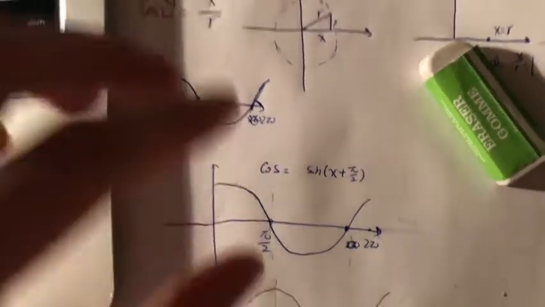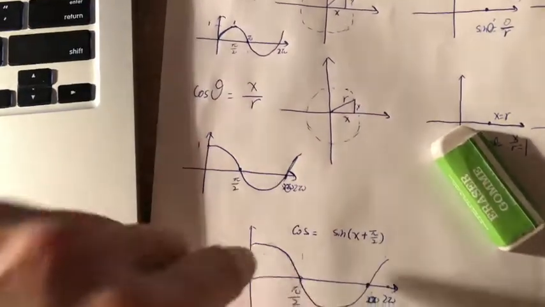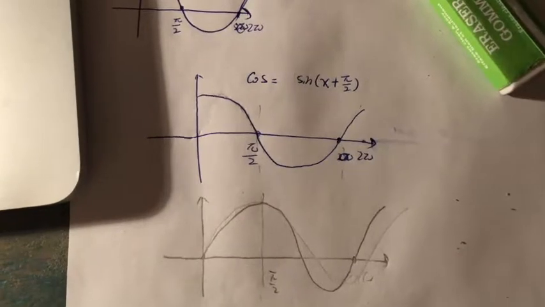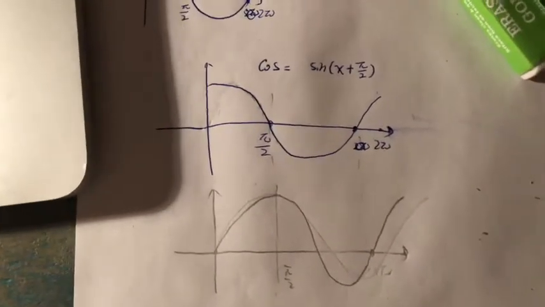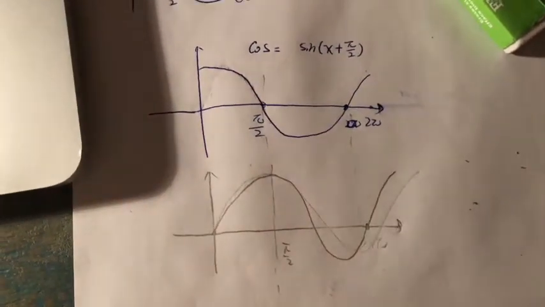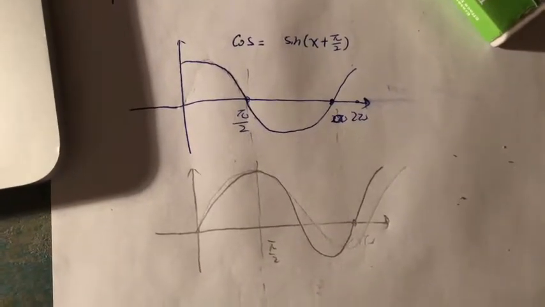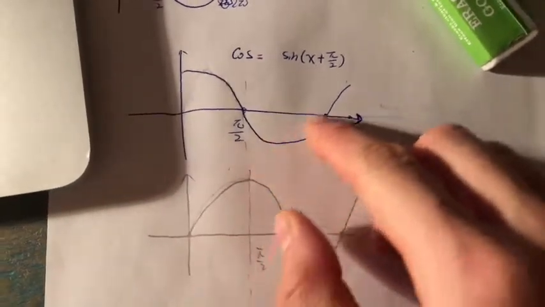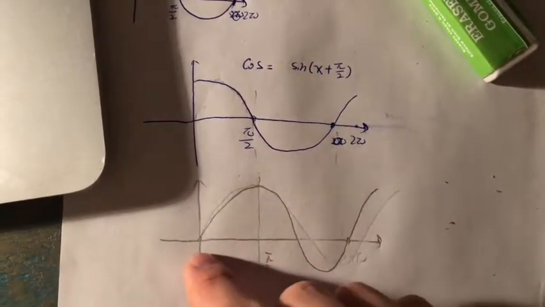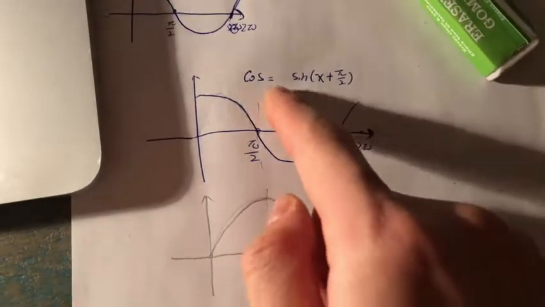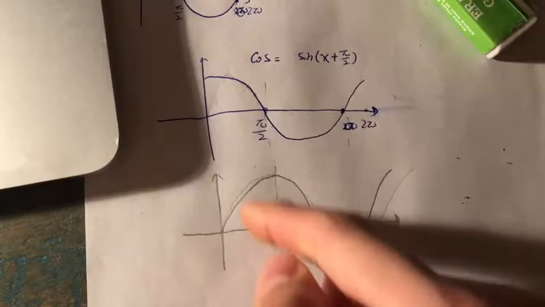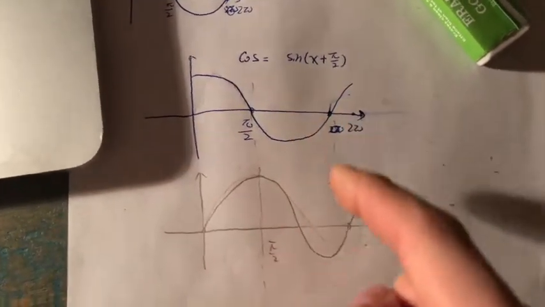After we explain this one, there's an equation that will be very helpful. A lot of word problems you will find involve sine or cosine. If you look at this cosine function, you will realize that this is a sine function. If you shift it to this point, it will be identical to a cosine function.